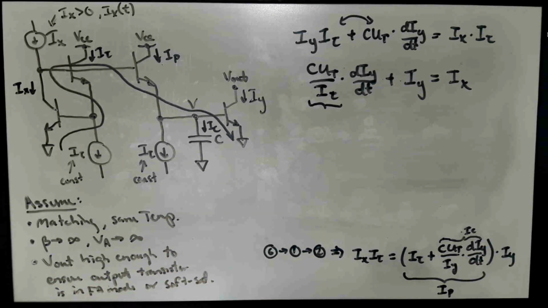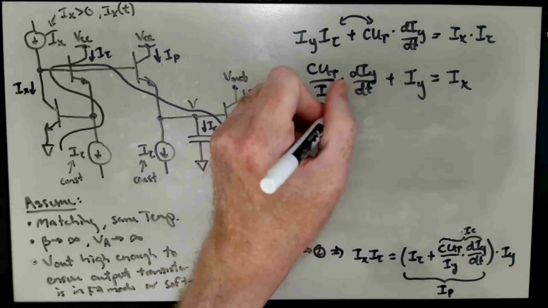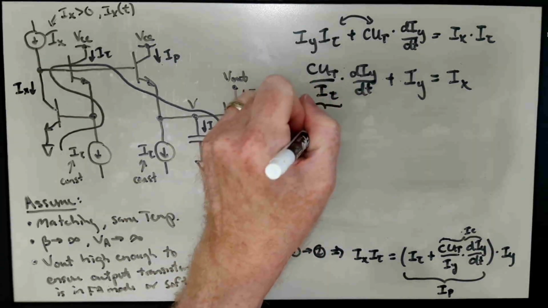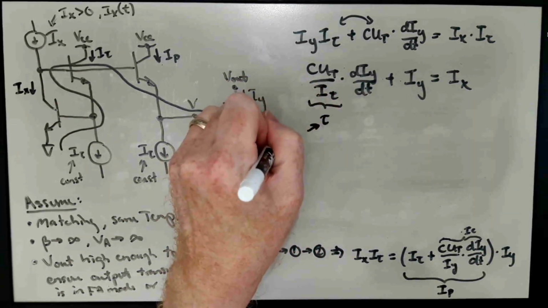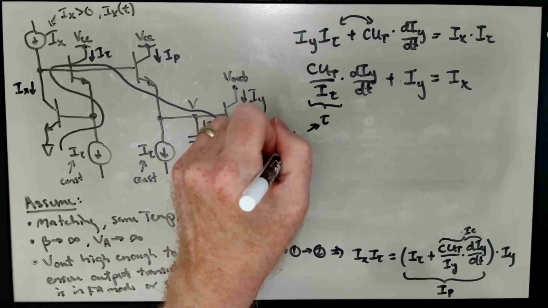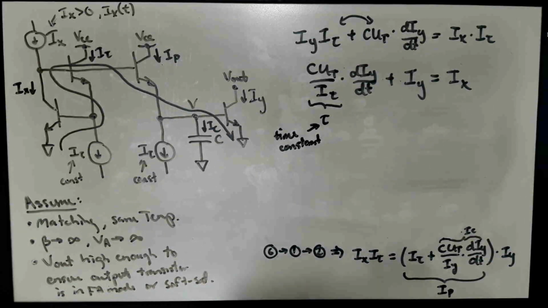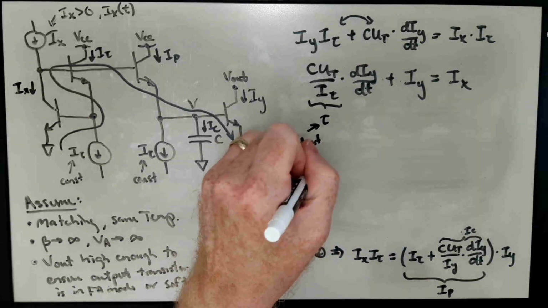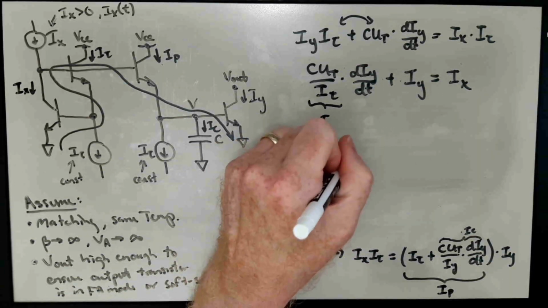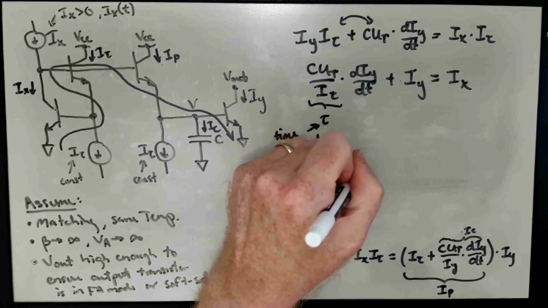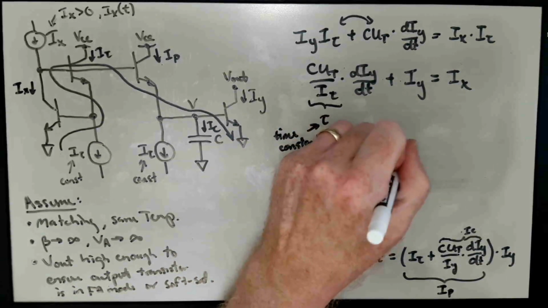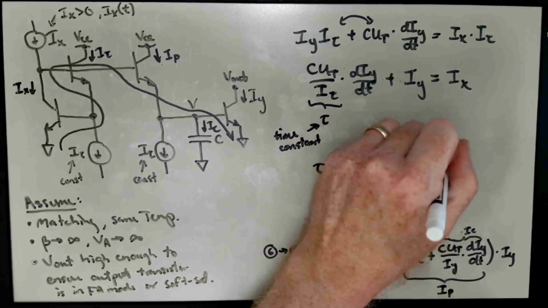And so if I tau is constant, then this thing has units of time, and it's constant, and so this is a time constant, tau. And so substituting that in, we have here an equation which is tau times diy dt plus Iy equals Ix.